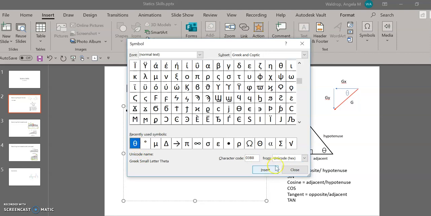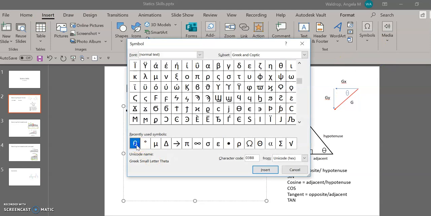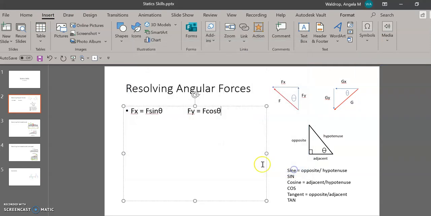I'll click theta on my symbol to insert that. So F sine theta is my Fx. My Fy is going to be equal to F, and that is adjacent to the angle, so that'll be cosine of theta. Okay, so these are my resolved components for this particular triangle.